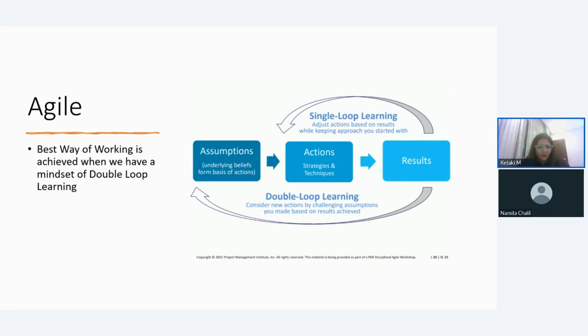Now, where did this double loop learning arise from? This really arose from a Disciplined Agile, PMI Disciplined Agile way of working, in which people really go into double loop learning in order to choose the framework that will minimize the hidden cost in their agile projects.